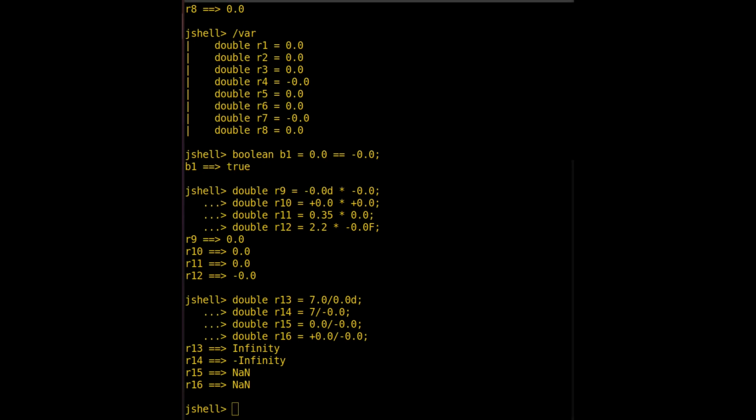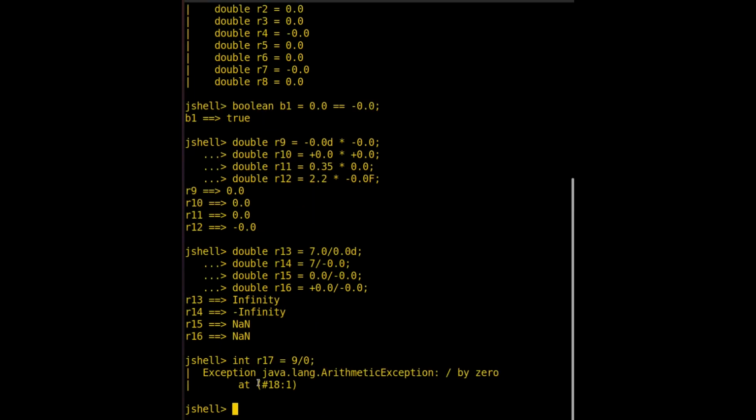And just for interest's sake, what will this one be? Where these aren't doubles or floats, they're integers. As you can see, there's no decimal. So 9 divided by 0.